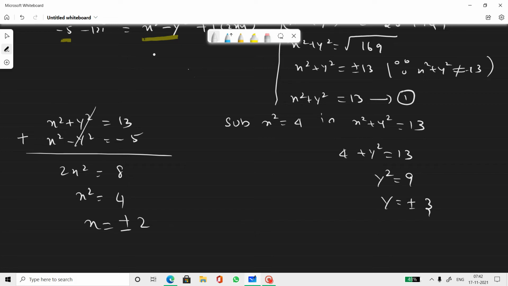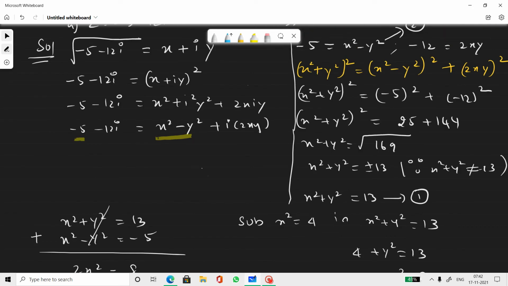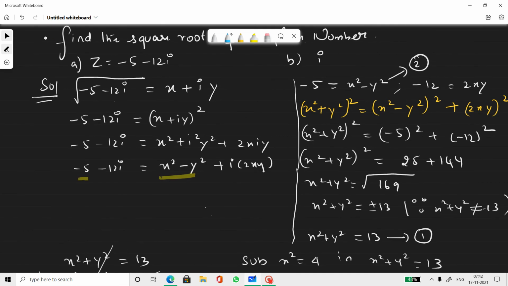Now there are two values for x and two values for y. We took root over the given complex number as x plus iy, isn't it? We took root over minus 5 minus 12i as x plus iy. Now you will think which x and y should be applied here. Is it the positive form of x and y, or one positive and one negative, or both negative?